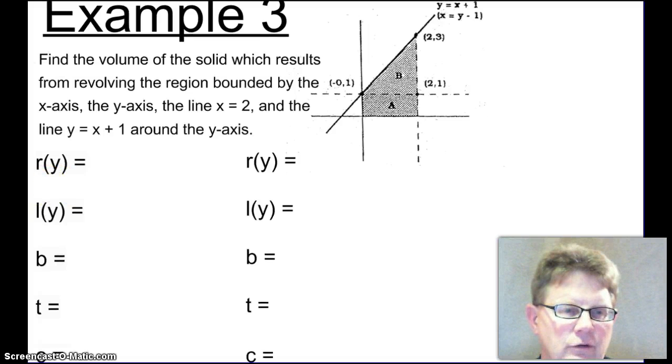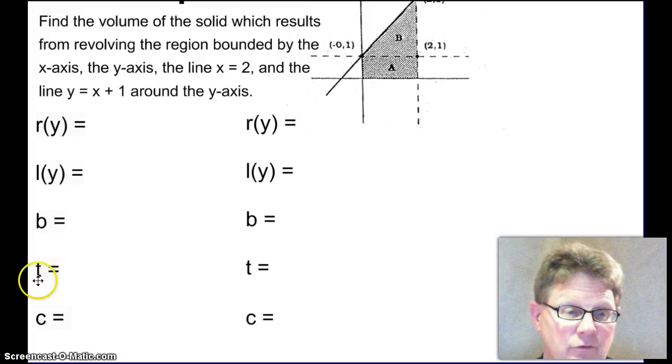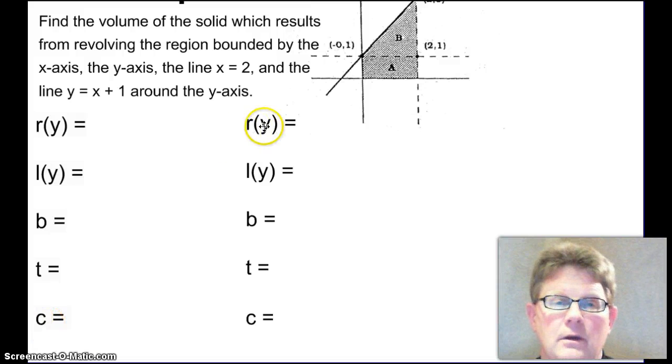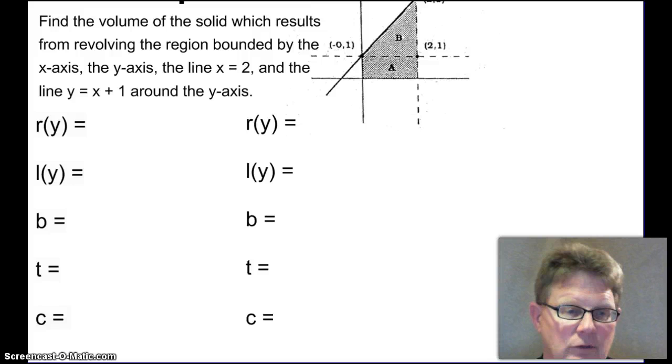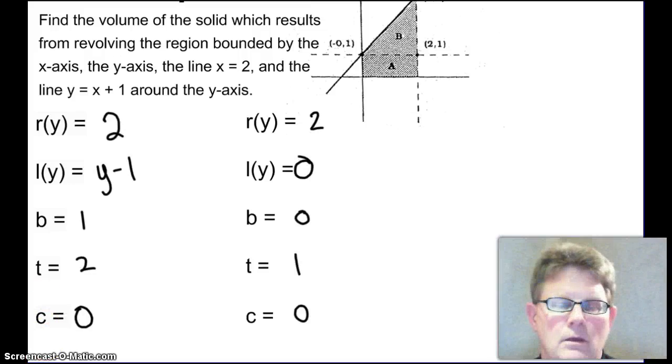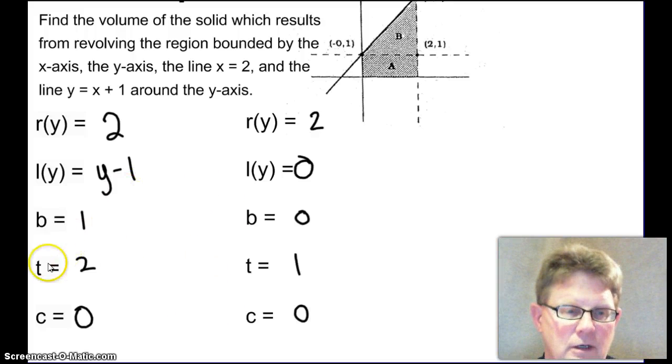So what I'd like you to do is fill out the right-hand function of y, the left-hand function of y, the bottom value for B, the top value for B, and the axis of revolution for B, and then the same for region A. I would like you to fill those out right now. Pause before you do. And here are your values, and we'll make you set up the integral in a minute.